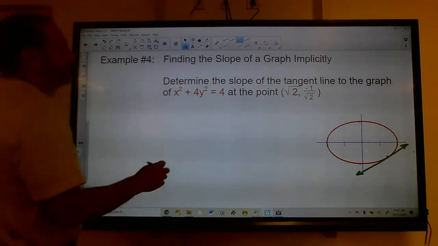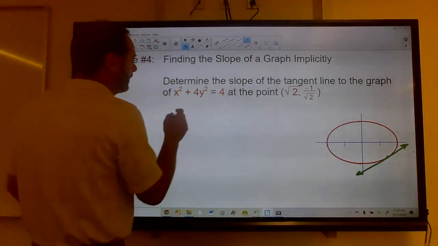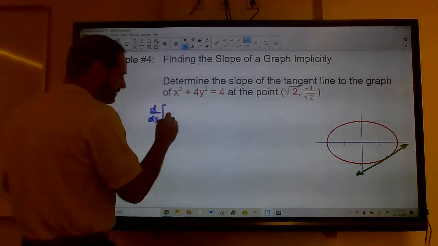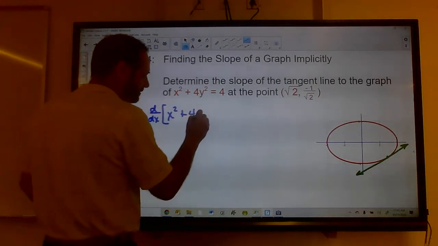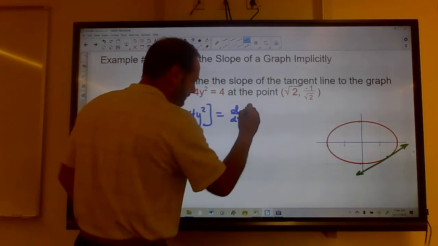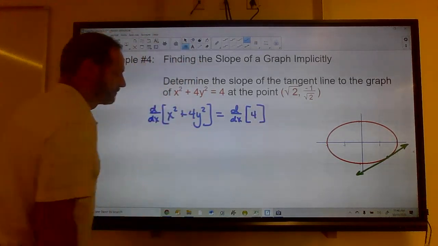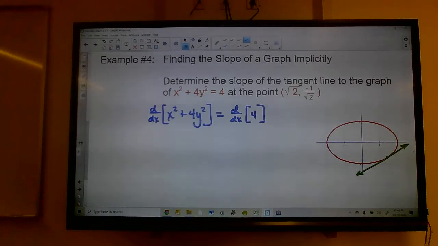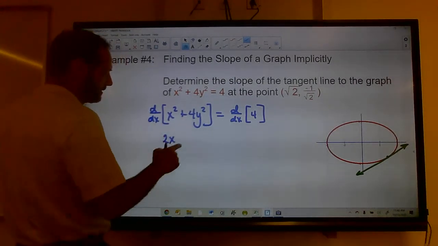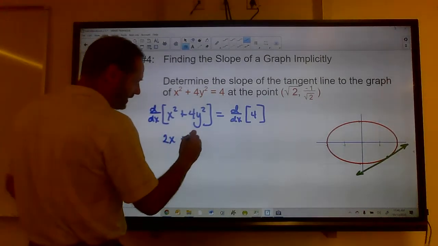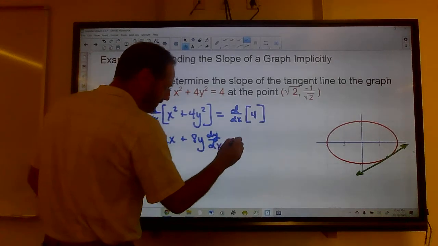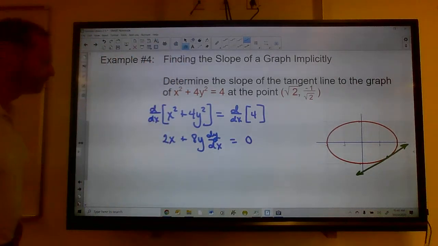Okay, so here we go. We're going to differentiate both sides of this equation, and this is pretty easy. This is just 2x, this is going to be 8y dy/dx, and this is going to be 0.